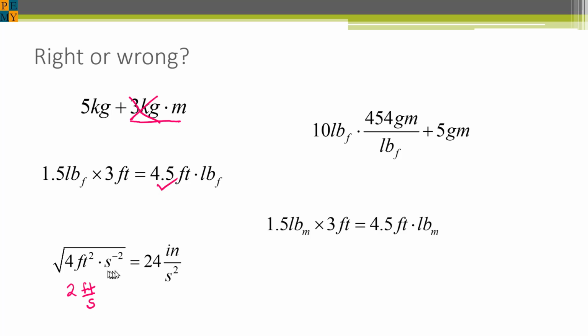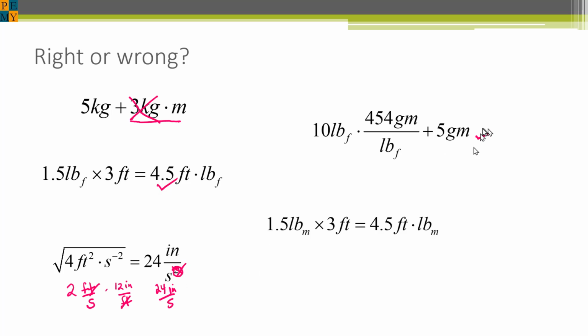Although it's written this way, you should do the actual documentation of the conversion factor, 12 inch per foot. These cancel, and you're left with 24 inch per second. Note that there is an error here, so this is incorrect.